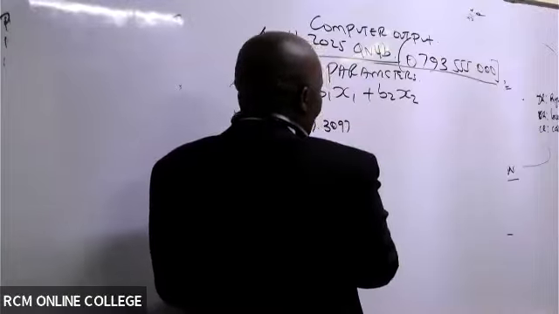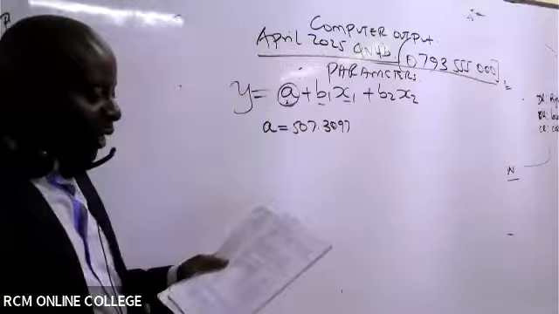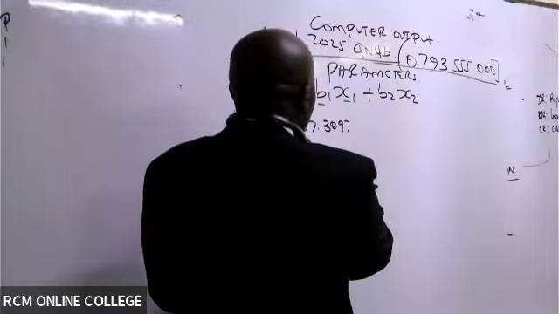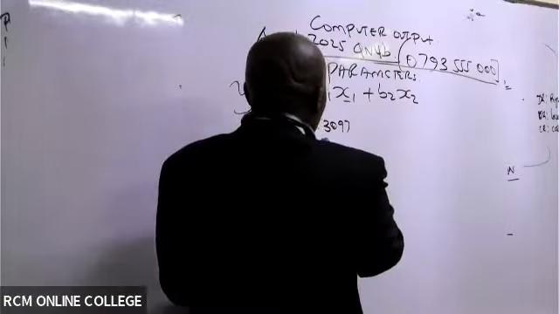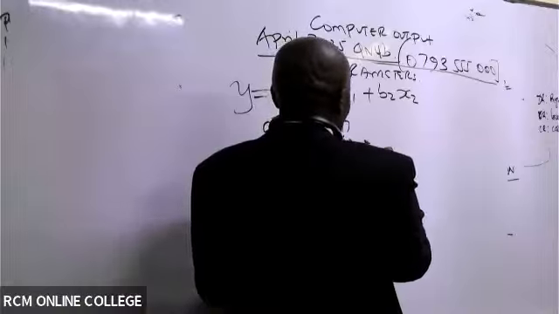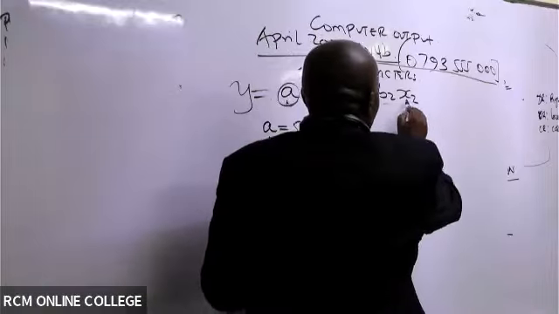507.3097. And then we have the coefficient of x1, the number that comes before x1. You can see coefficient of x1, that is b1, which is what here, somebody? 7.835162. And then we have b2, which will be the number that comes before x2.